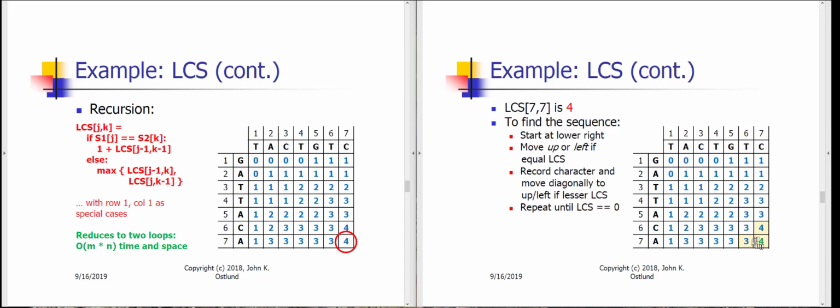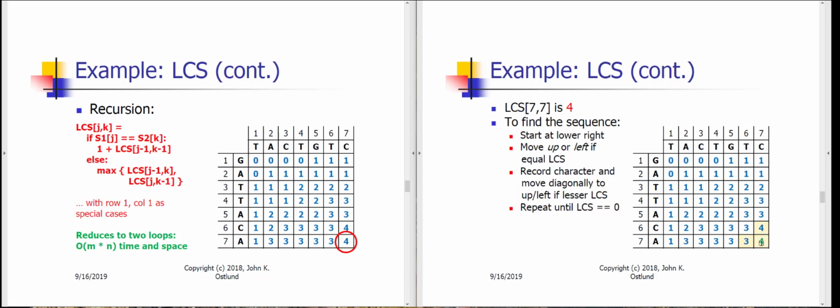What we do is we compare the value in the current cell with the value on the same row in the previous column, or the value in the previous row on the same column. Here, the value in the previous row on the same column is equal to our value of 4 in the lower right corner.